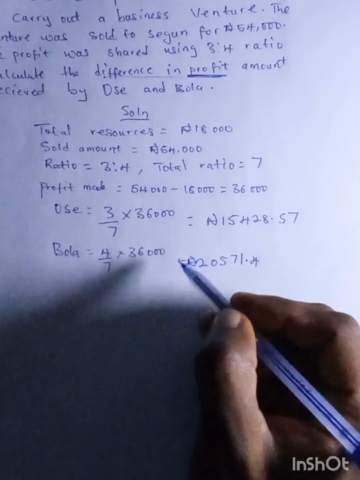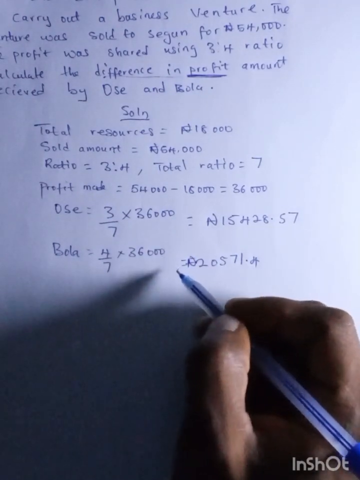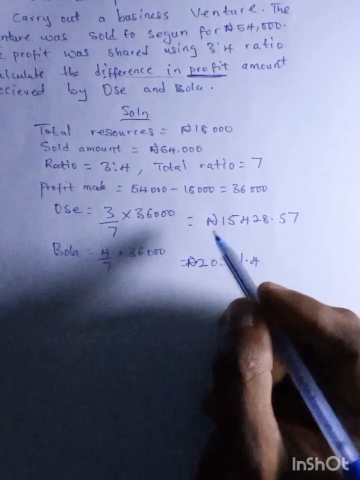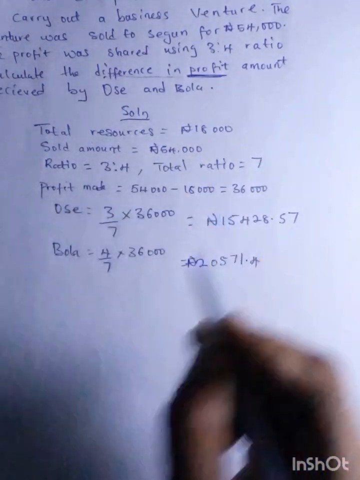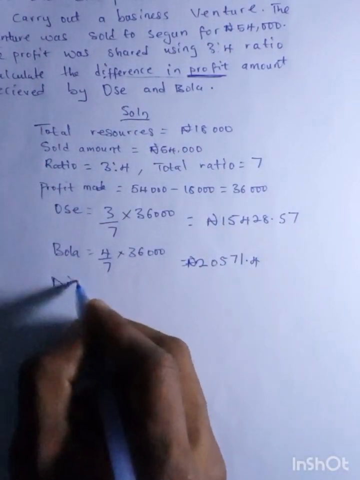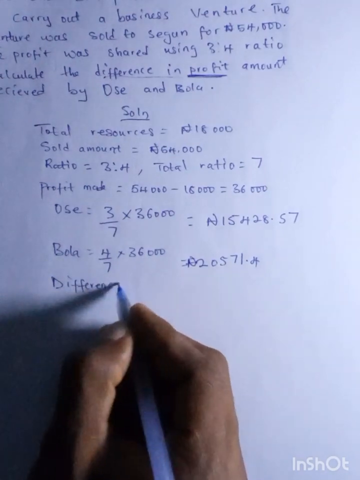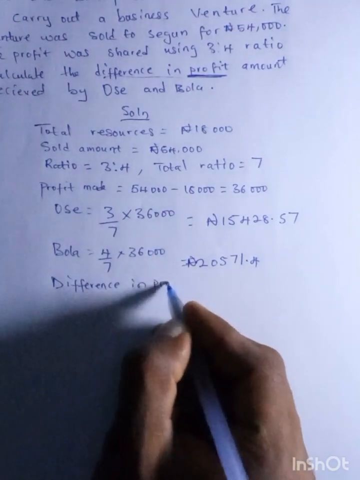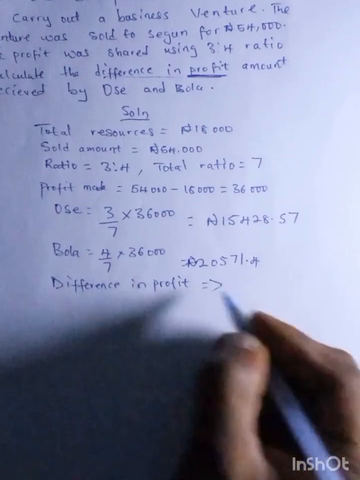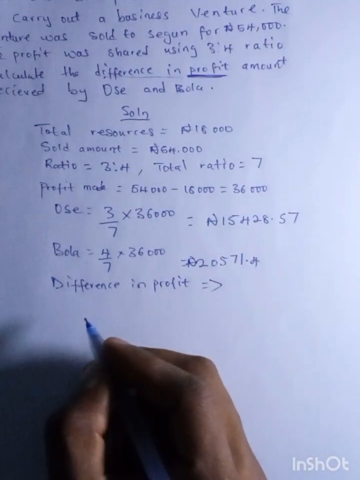So now we've gotten the amount in profit received by Ose and Bola. And what do they ask us to find? The difference in profit. Of course, difference talks about minus.